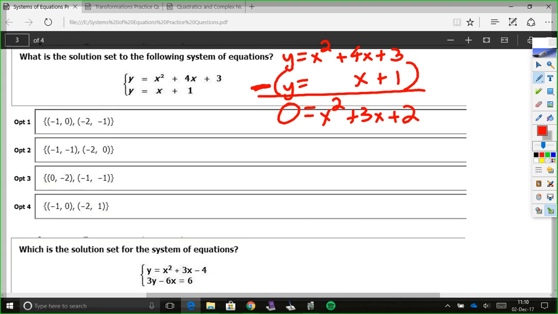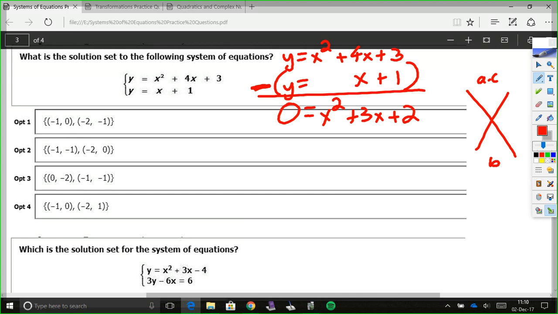Now, there's two ways you can go about this. One's the quadratic formula. Remember, this would be a equals 1, b equals 3, and c equals 2. All right. But we're not going to do it that way. We're going to do it by factoring. If you remember how to factor, it's going to be a little bit faster, but you can use the quadratic formula if you want to. But we're going to factor. Remember factoring? It's a times c up here and b down here.